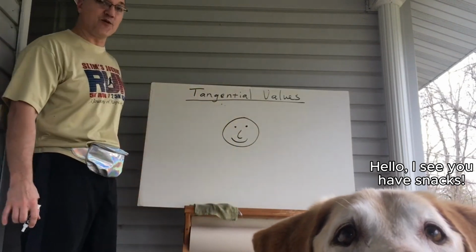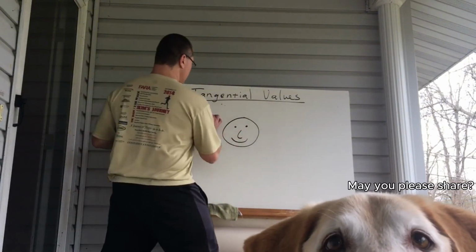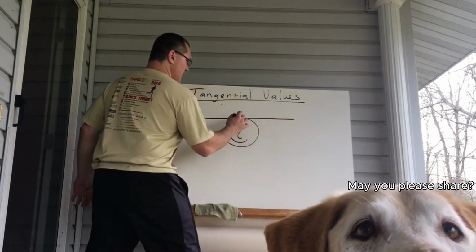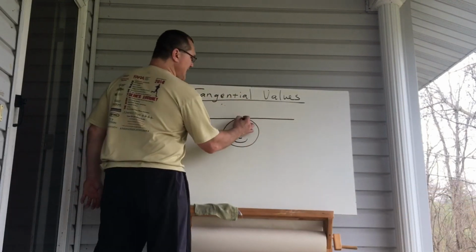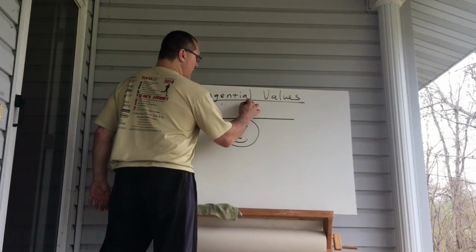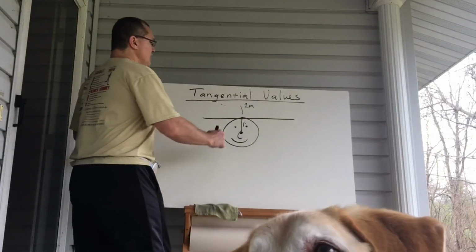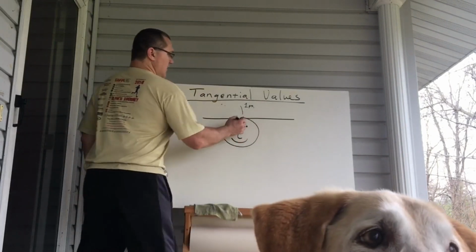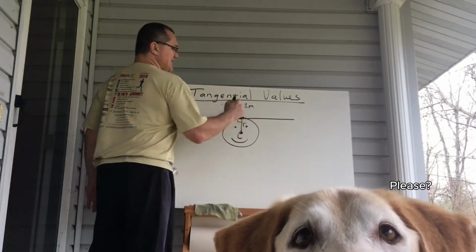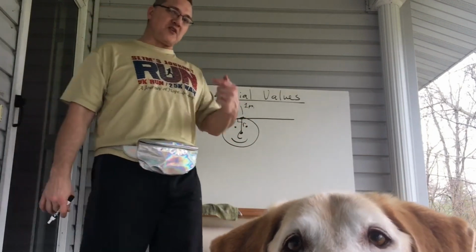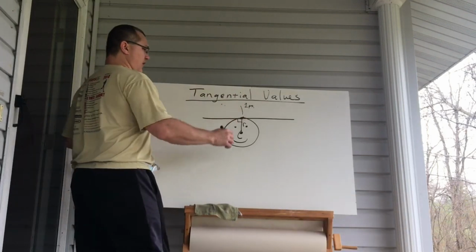A tangent, if you remember from trigonometry, is a line that is perpendicular to the radius of a circle and only hits that circle at one particular point. So, a tangent is perpendicular to the radius of the circle, and it hits the circle at one particular point as it crosses.